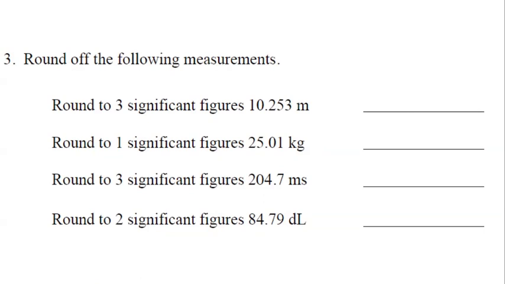So when I look at this measurement, I have to tell myself, well, based on the rules that I know for significant figures, it's important to know that I'm going to look at those digits starting left to right, because that's how we read numbers in English. So this number is significant. This number is significant. This number is significant. So that means that the last digit technically is going to be that 2.